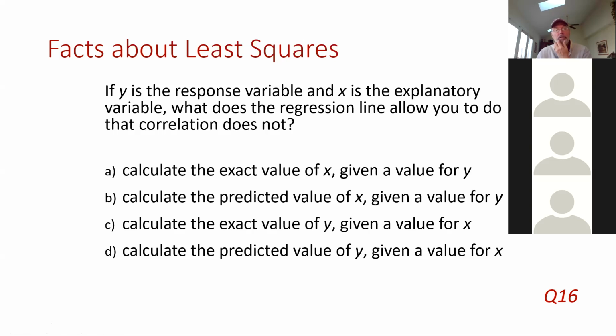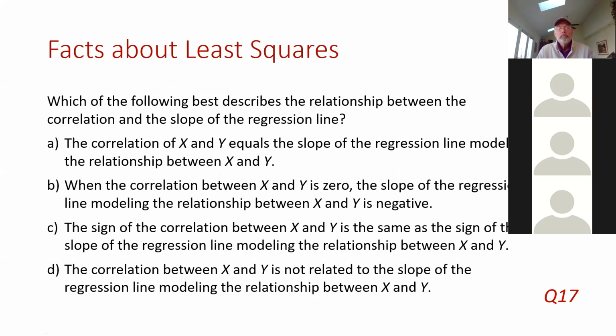What does the regression line tell you that the correlation does not? D. Okay. So this is the predicted value, which is the Y value, and we're going to put something along with X to predict that value. All right.